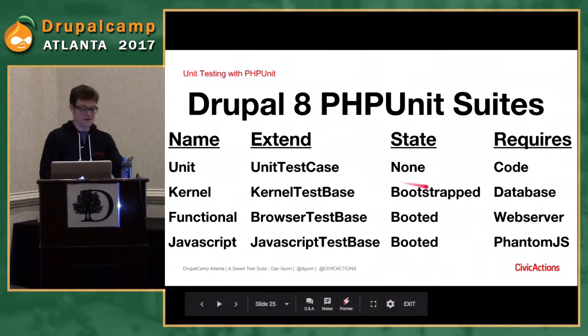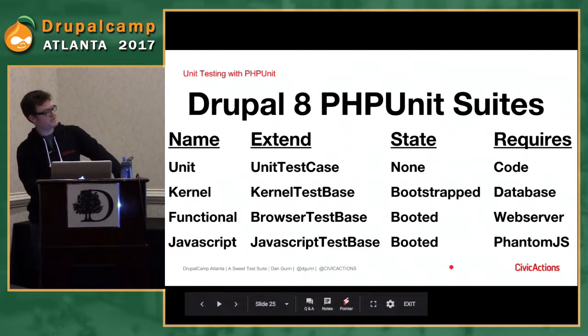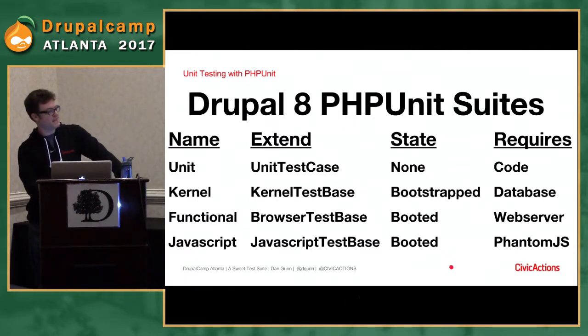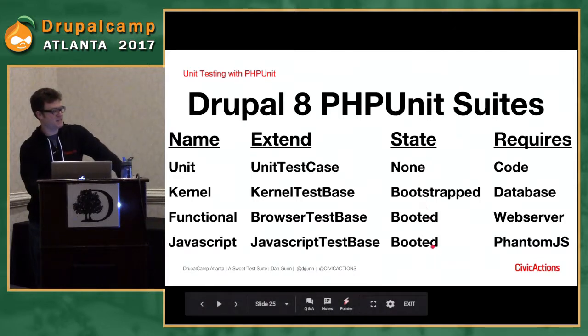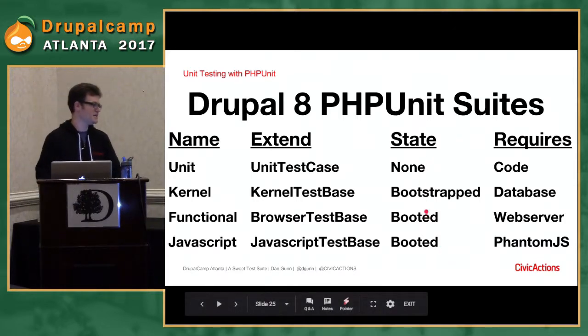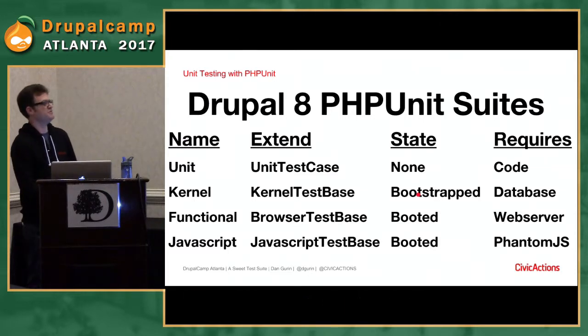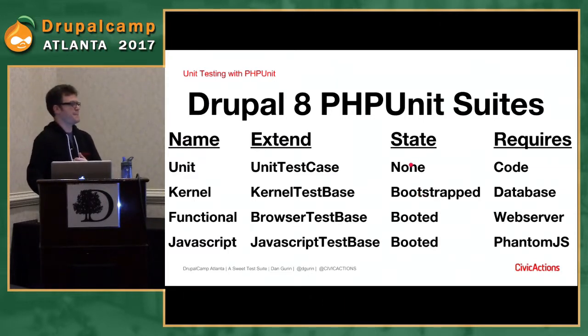And then there is the state of Drupal, or not Drupal, at the time that these tests run. So for a unit test, there is no state because you're not even running Drupal. You don't need anything other than really the code base to run the unit test case.